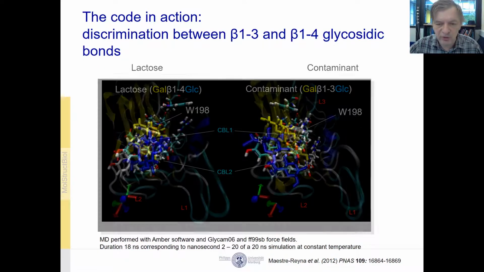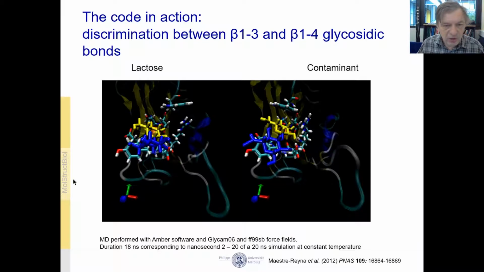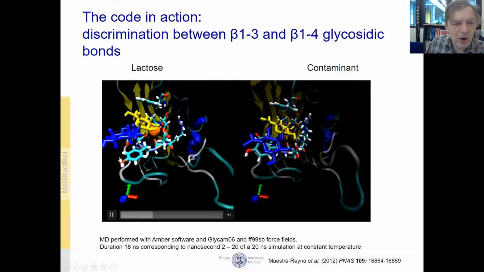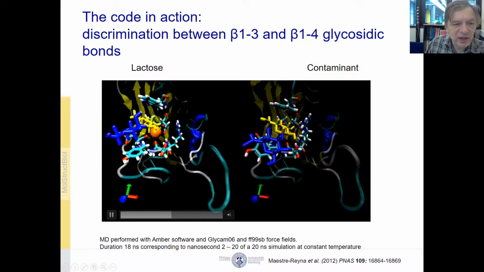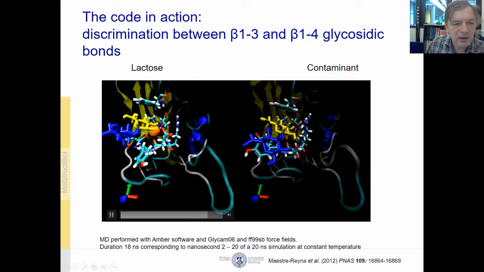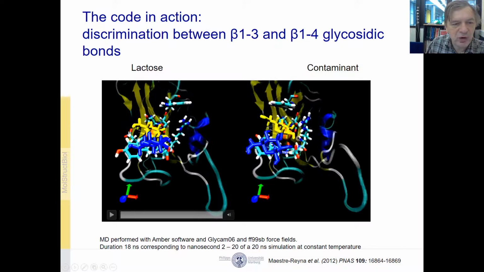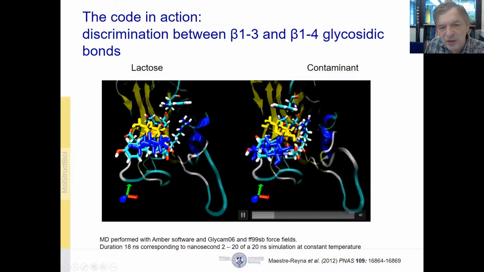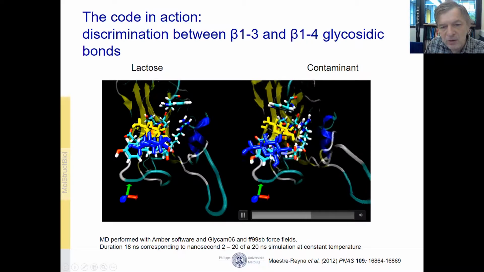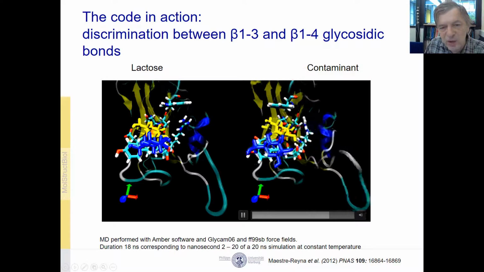It was a 20 nanosecond simulation at that time, and let's see whether this movie goes on. So in the beta-1,4, we see here that this aromatic residue that is packing, or should pack, is pretty flexible, and also the sugar is pretty flexible. However, with the beta-1,3 sugar, the complex stays stable. This is very well packed.